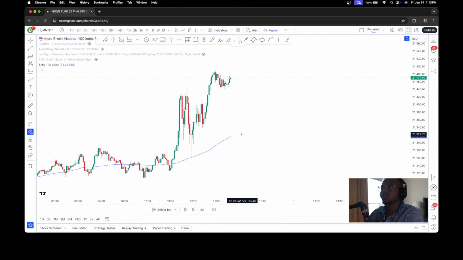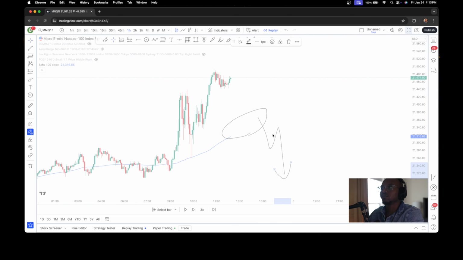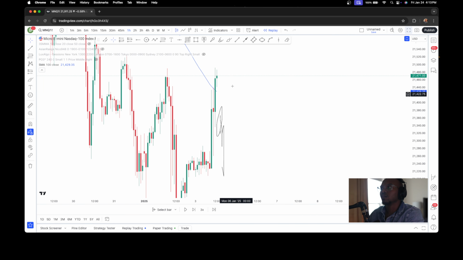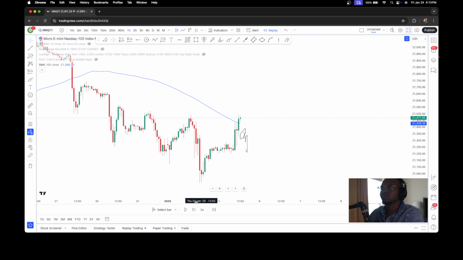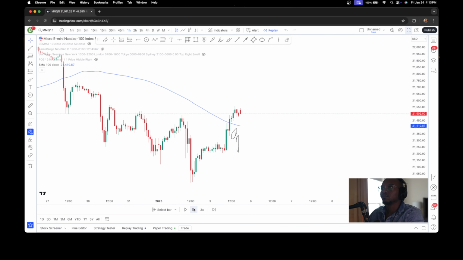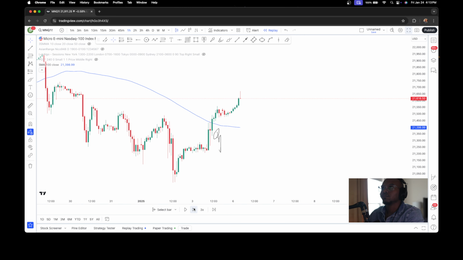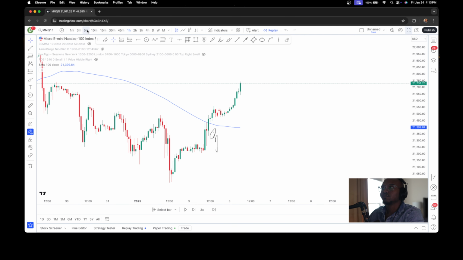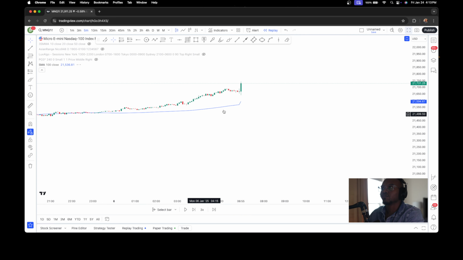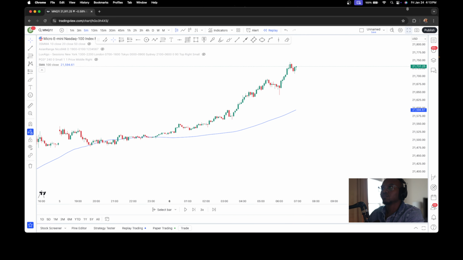You would want to wait for price to get closer to this and break through it before you look for any potential sell opportunities on the other time frame, which is why if you go back out, price may just continue to go up at this point, because you can see on this time frame, price is very strong.